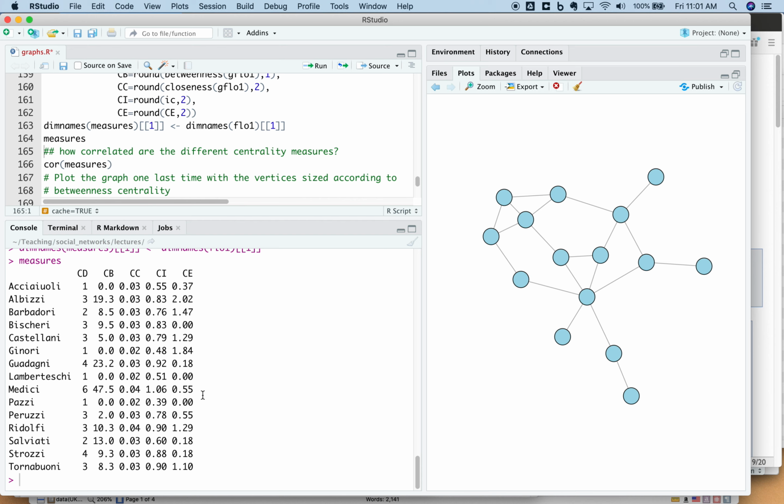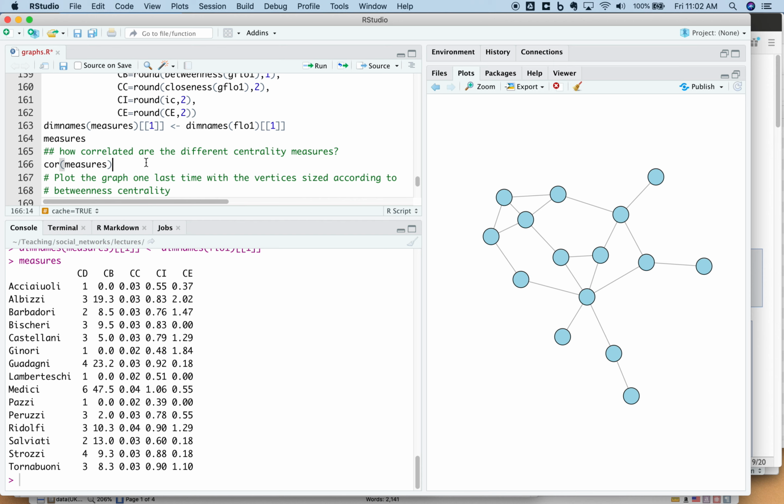The families to whom they are connected through marriage are necessarily less powerful, right? Because the Medici are actually so dominant. So families who are connected themselves to the Medici, the Albizzi, for example, seem to benefit a lot from this, and have higher eigenvalue centralities than the Medici themselves. But of course, the Medici really dominate in the other centrality measures.